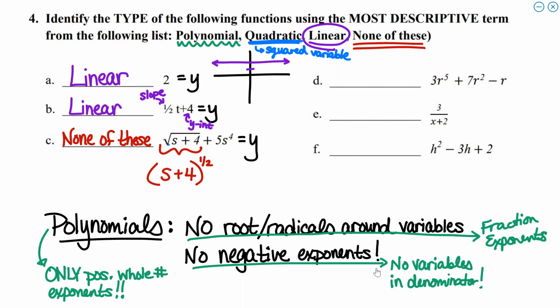All right. What about D? What do you guys think on D? We do have a squared variable, but with a quadratic, the biggest exponent has to be squared. This is a polynomial. This would be considered a 5th degree polynomial because the biggest exponent is a 5 here.